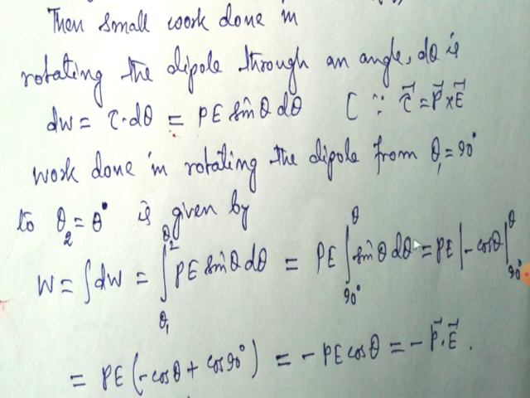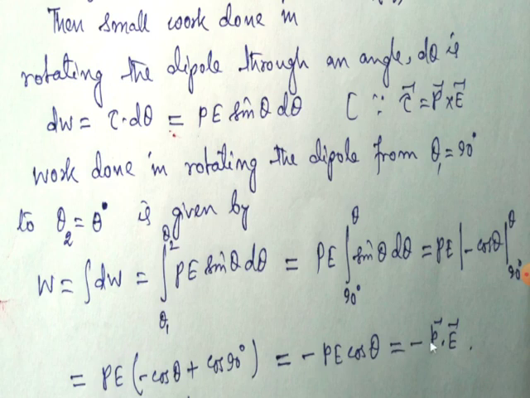This will be equal to what? The integration of sine theta is minus cos theta, we all know that. So PE times minus cosine theta from 90 degrees to theta. 90 degrees is the lower limit, theta is the upper limit. Replace the variable by the upper limit first, then by the lower limit. Cosine of 90 degrees is 0, so we get only minus PE cos theta.